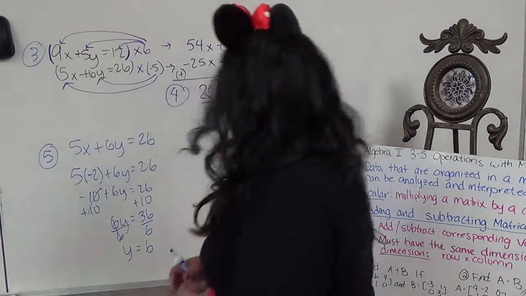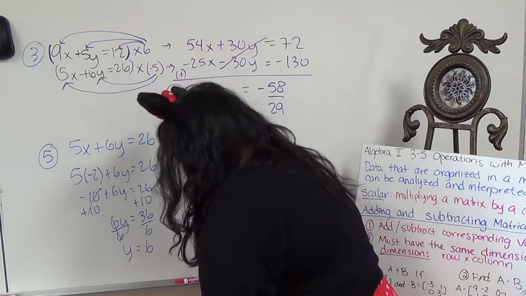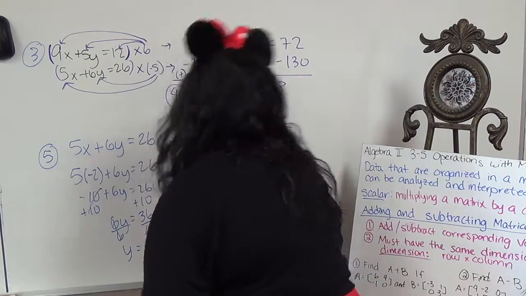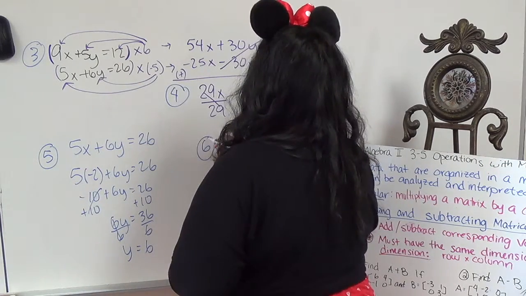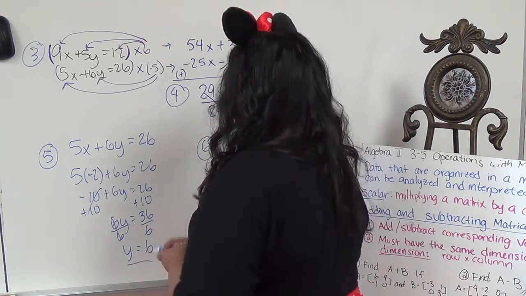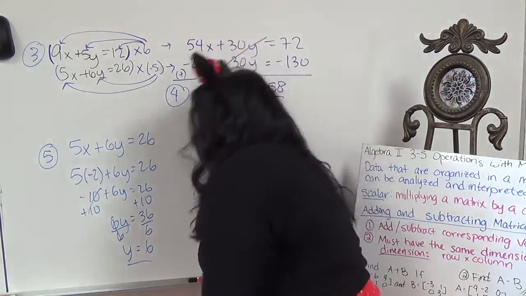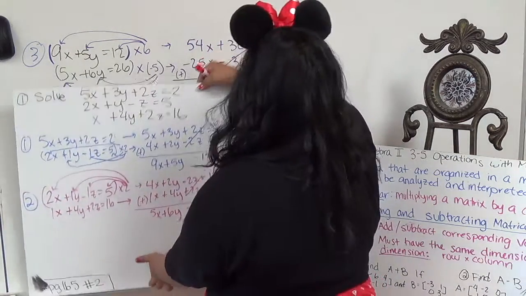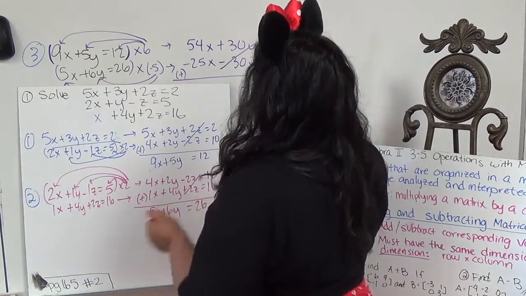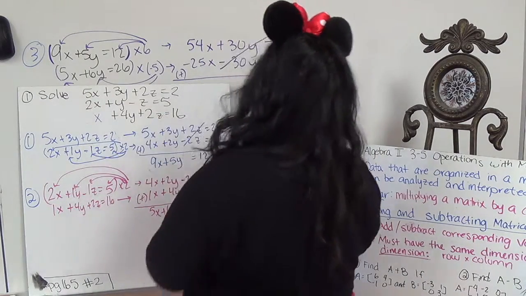Because I have 2 variables already solved, my last step just tells me to plug in my x and my y to an original equation. So let's choose an original equation. I'm thinking the easiest one could be this one right here, or even this one. Oh, let's do the middle one.